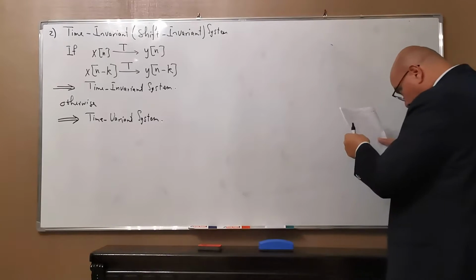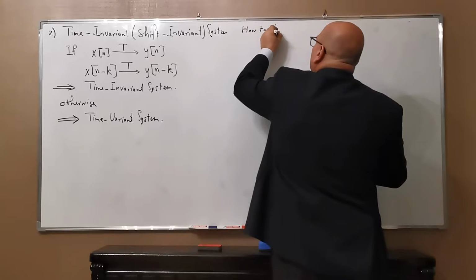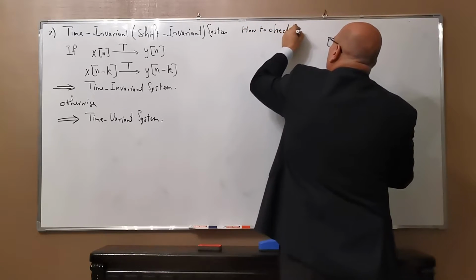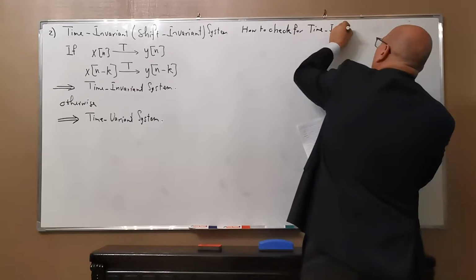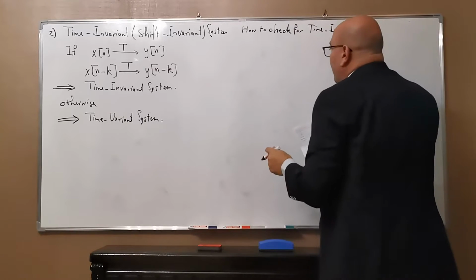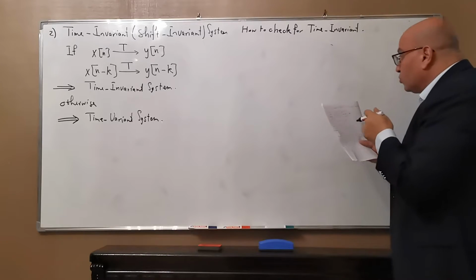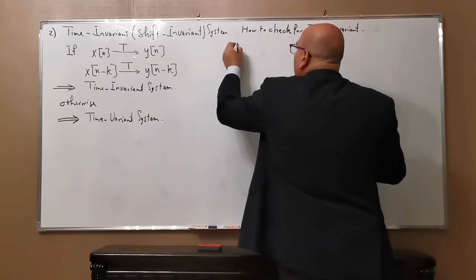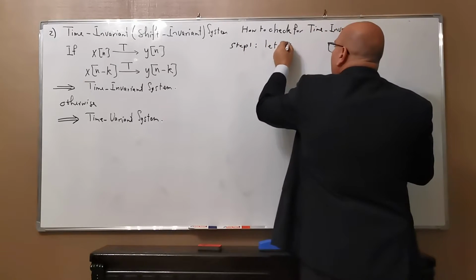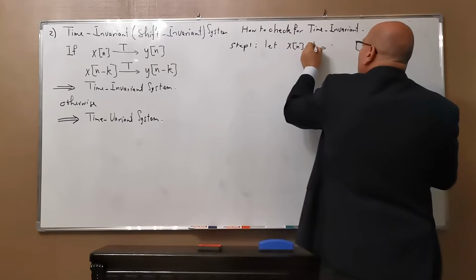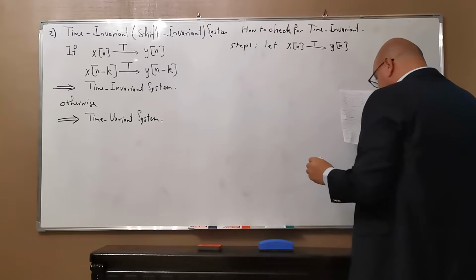Okay, how to check for time invariance? To do this, step number one, we have to apply x of n itself. So we apply x of n through T and get y of n. So this is the first step.